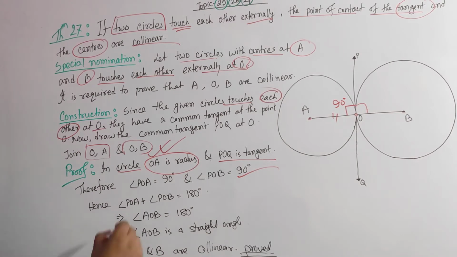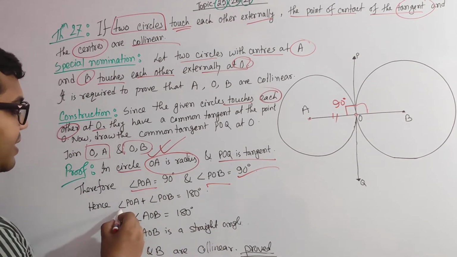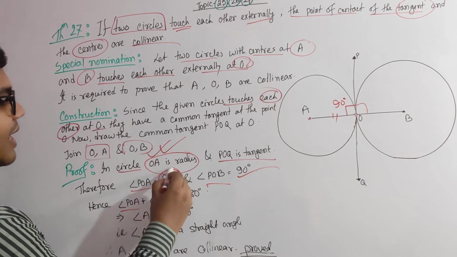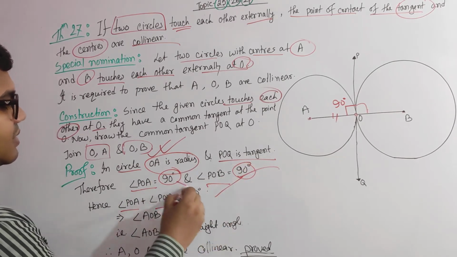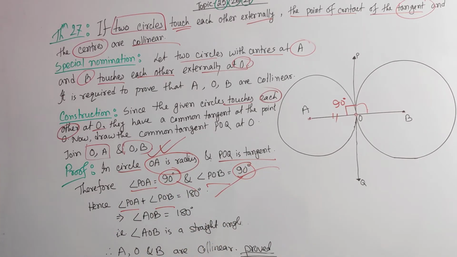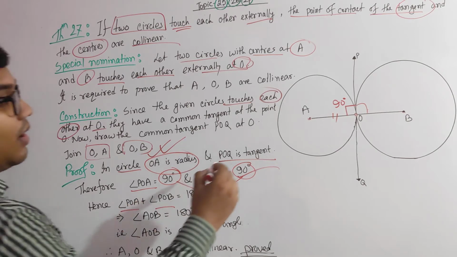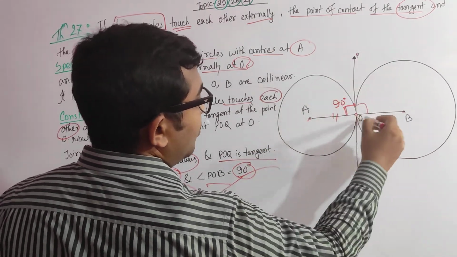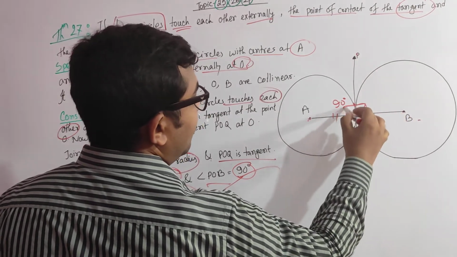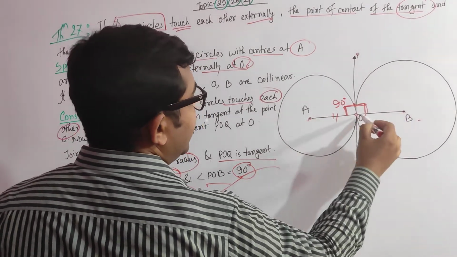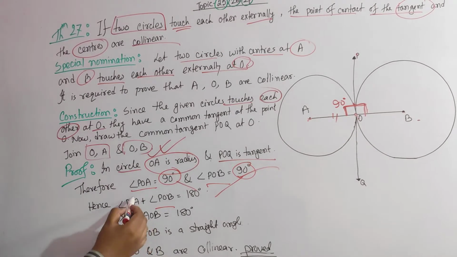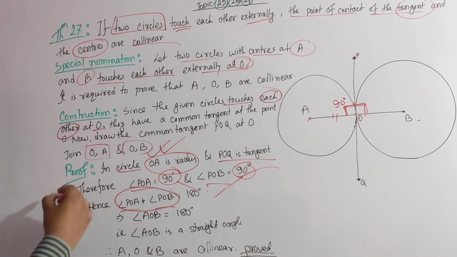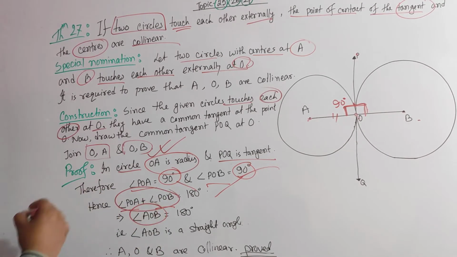Now if we add these two parts, POA plus POB, that is 90 plus 90, that means 180. POA is this angle and POB is this angle, so together they make AOB. So in place of POA plus POB, we can write AOB.